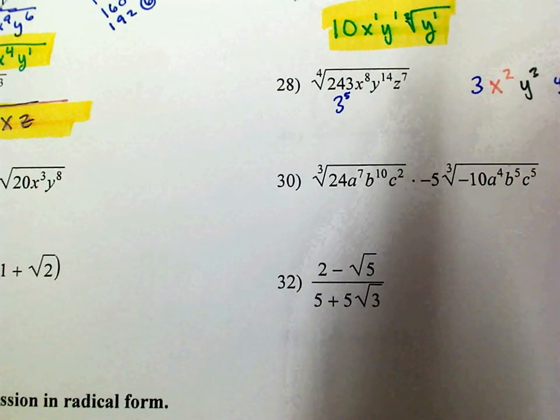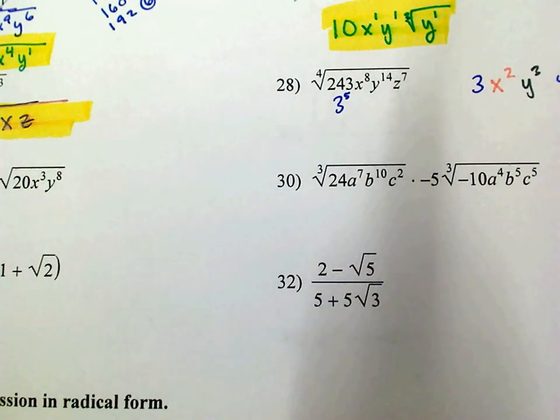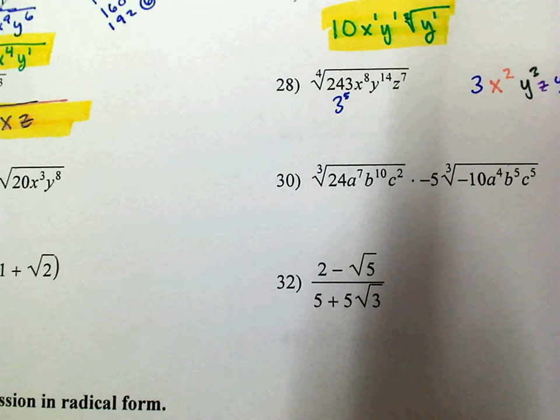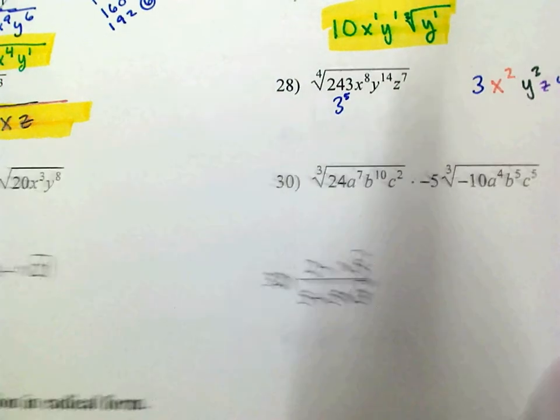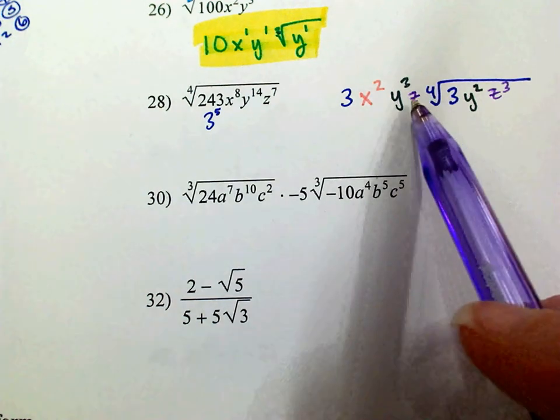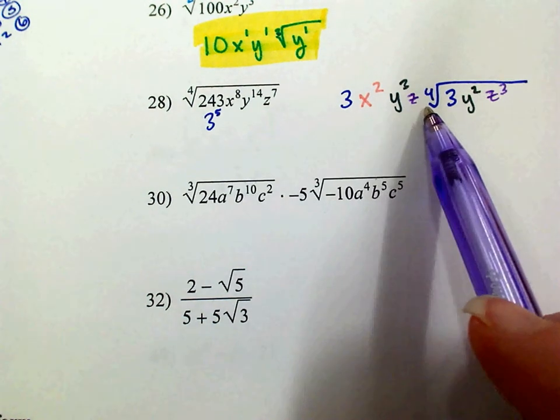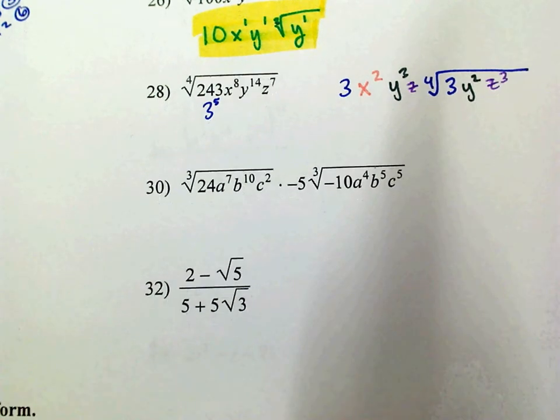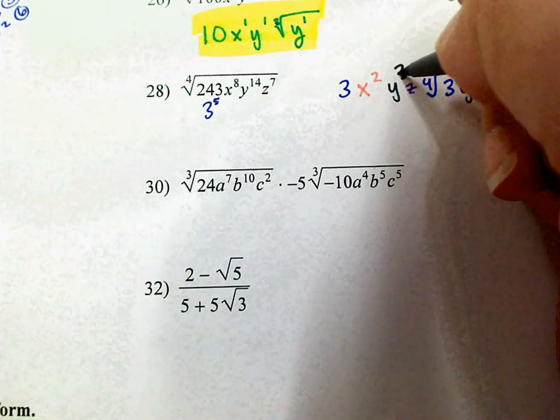And how many times does 4 go into 7? 1 time with 3 remaining. So 3x squared y cubed z times the 4th root of 3y squared z cubed. Can you read that that is a 3? Probably not. There we go.